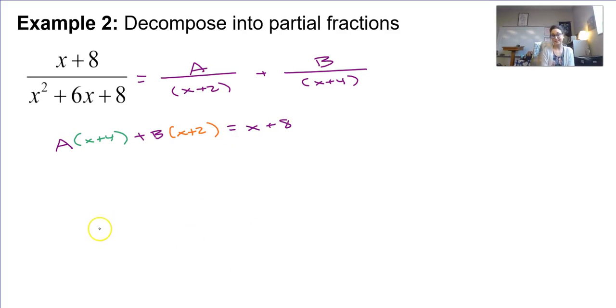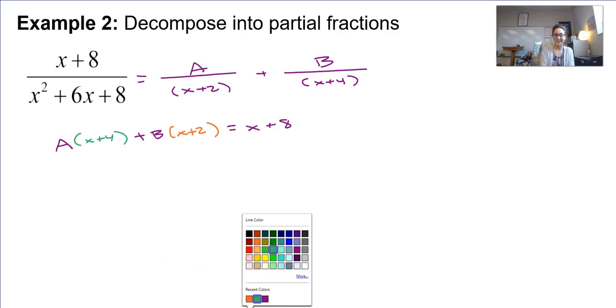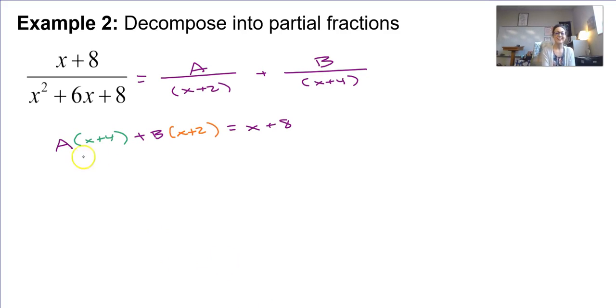All right, now I can let x be whatever I want, but let's pick some sly x's and make our work easy. So take a look at this equation. What x value would make the green factor be 0? -4. So I'm plugging -4 for all my x's, and this is simply to make my work nice and easy because it's going to make a go away completely so I can solve for b.